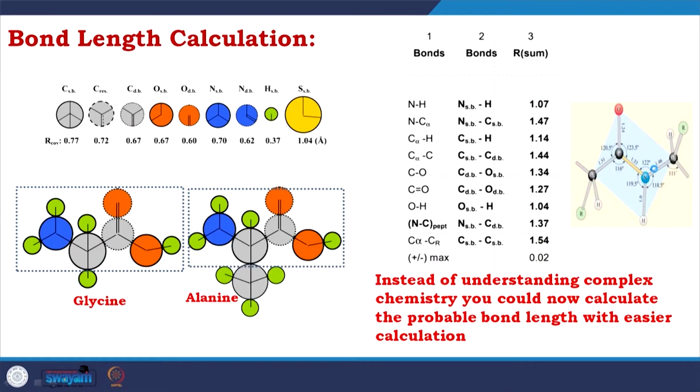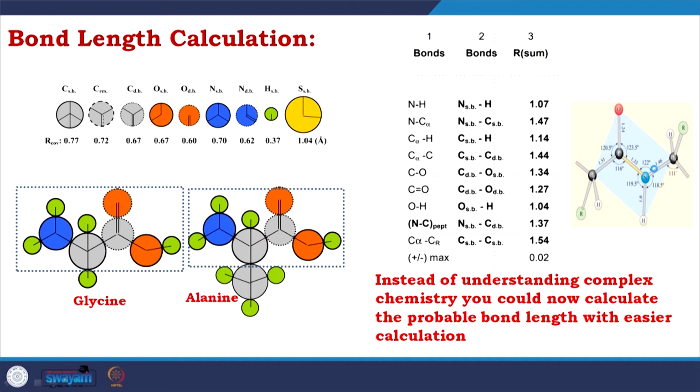We also talked about bond length calculation. I have shown in the last class how we have taken the bond lengths of carbon single bond, carbon double bond, carbon resonating bond, oxygen single bond and double bond, nitrogen single and double bond, hydrogen single bond and sulfur single bond. We told that when a bond is formed, we do not have to do much, we just have to add the bond lengths.